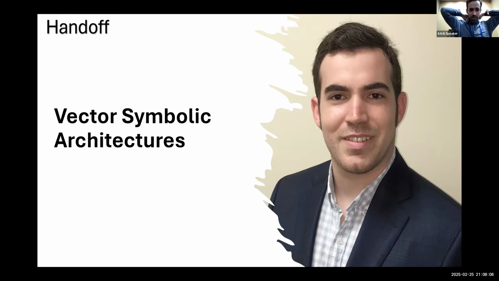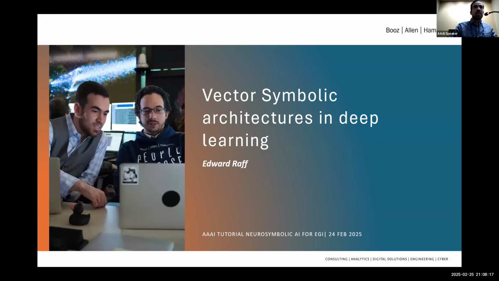So I'm going to be talking about vector symbolic architectures, which is good because that's what it says on the slides. This is a set of techniques that generally falls into the category of good old-fashioned AI, started back in the early 90s, and was an approach to join connectionist and symbolic reasoning at the time.